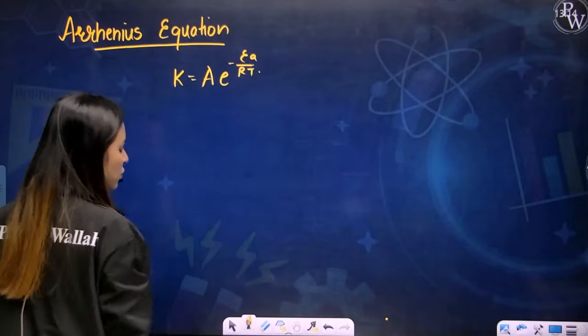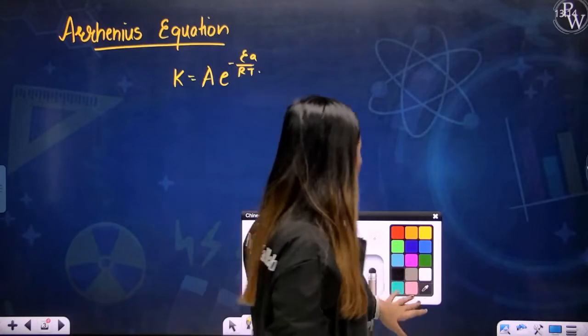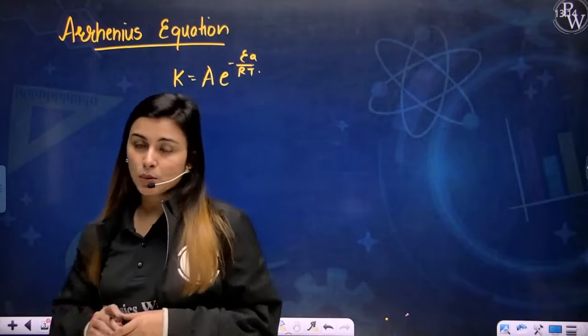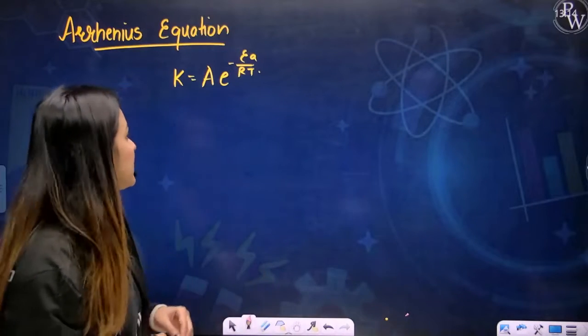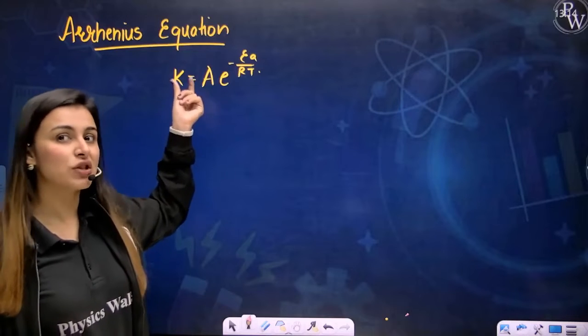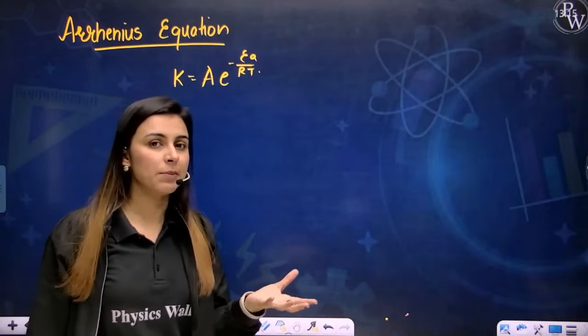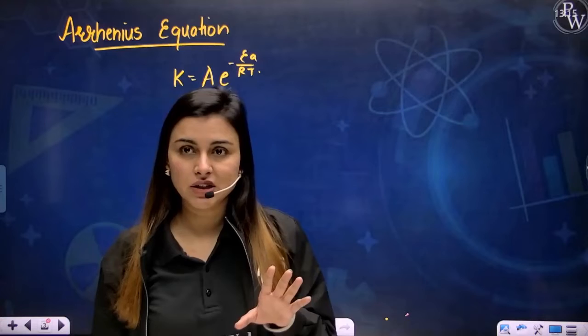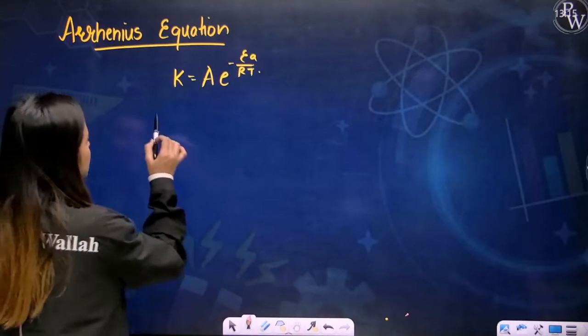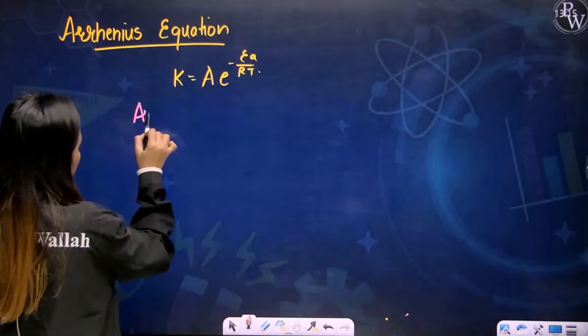Now, my dear students, I hope all of you remember that when we talked about this particular equation, we said that this little k, that is your rate constant, actually depends on temperature. If you change the temperature, your rate constant will definitely change. But you have two Arrhenius parameters. Let me write it.